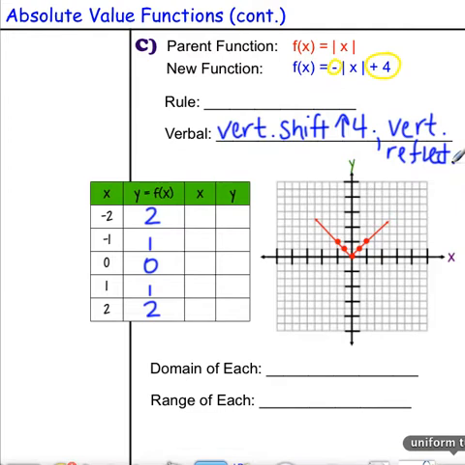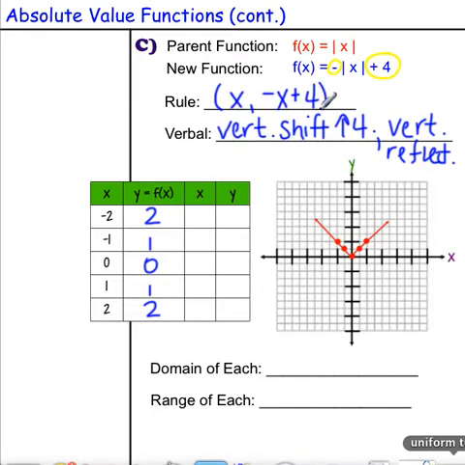So looking at this once again, they're both vertical, so they don't affect the x at all, so I'll leave x as x. And the reflection tells me I'm going to take the y and make it the opposite, and then it's going up 4, so I'm going to add 4.